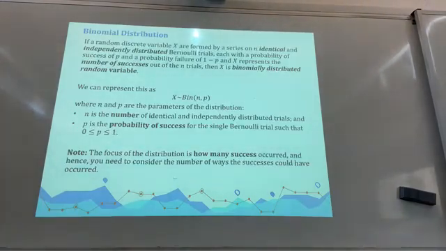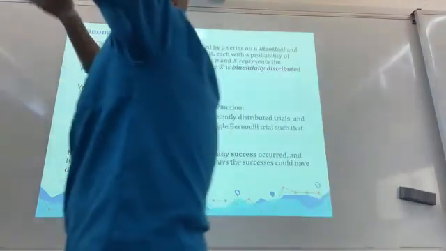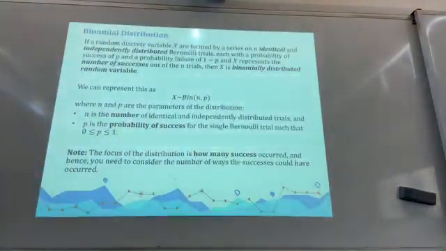If the random discrete variable x is formed by a series of n identical and independent distributed Bernoulli trials. So you can see that 4 questions, they're all identical, correct? You've got 1 answer only. And independent because if you get question 1 wrong, it doesn't affect question 2. It doesn't affect question 3 or question 4.